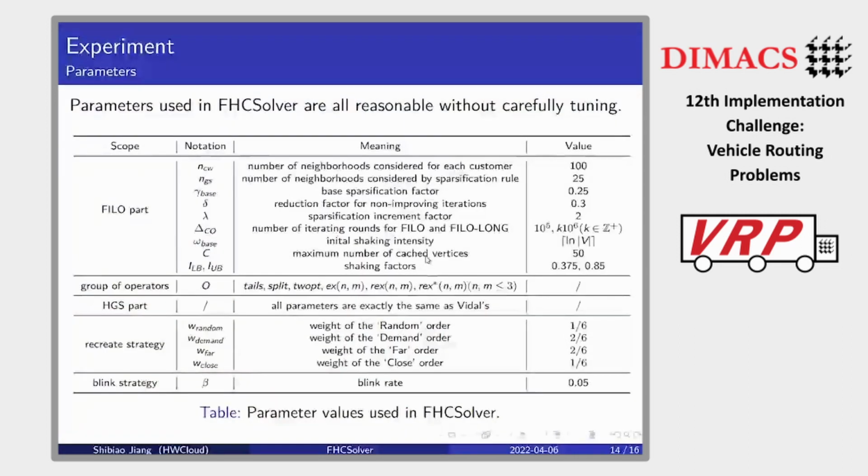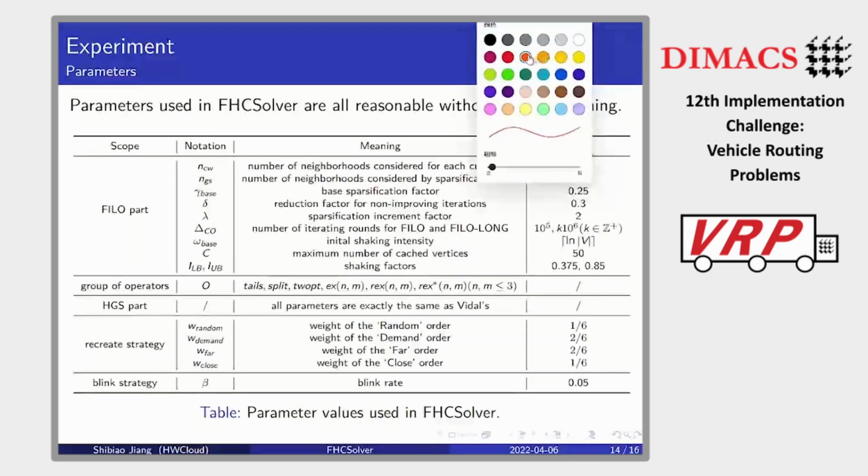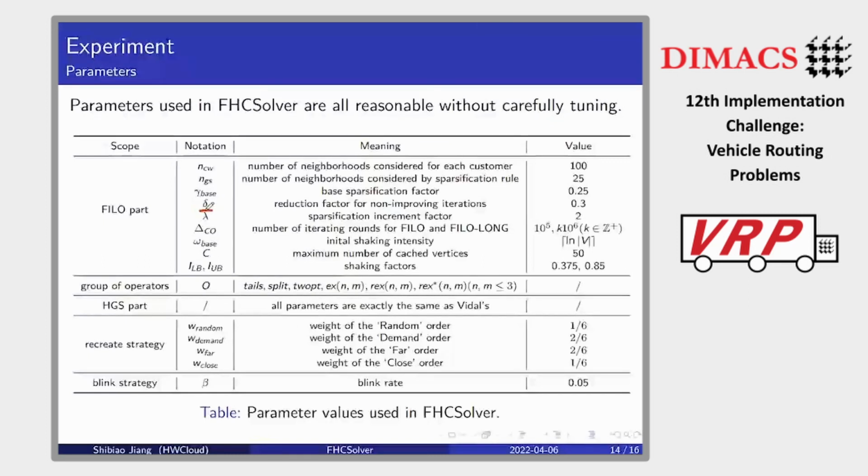And all the parameters used in our solver are reasonable, without careful tuning. First, for the Philo part, we almost keep all the parameters, with some necessary changes. I remember that the delta is decreasing from 0.5 to 0.3.